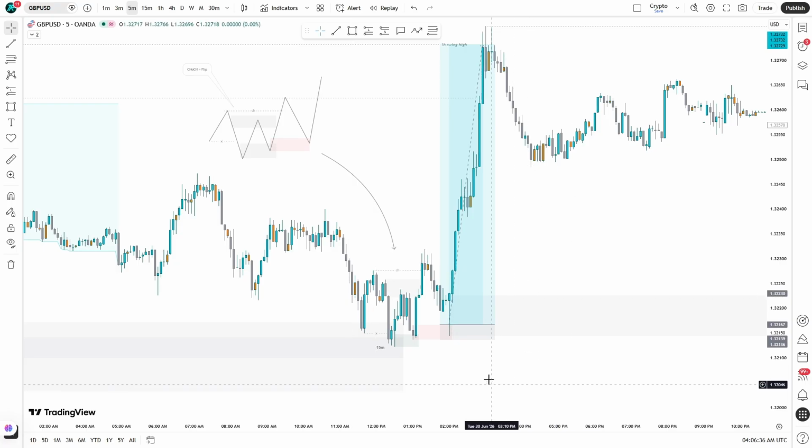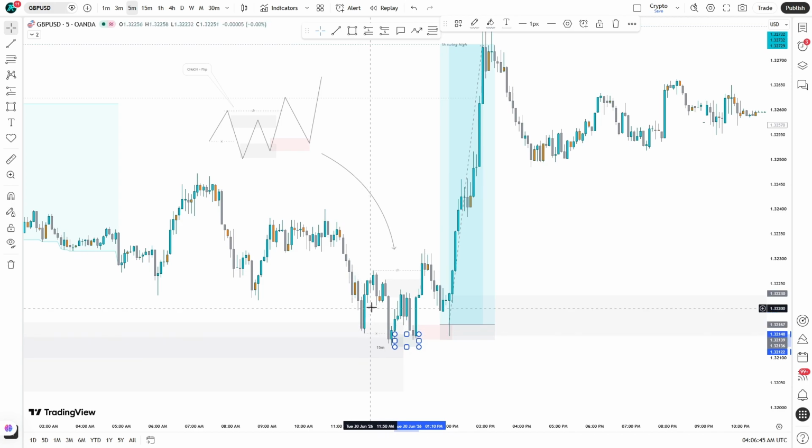Now look at this. We broke this low, broke this low, broke this low. Then at this point, the market came up and mitigated this supply, but it failed to take it out.